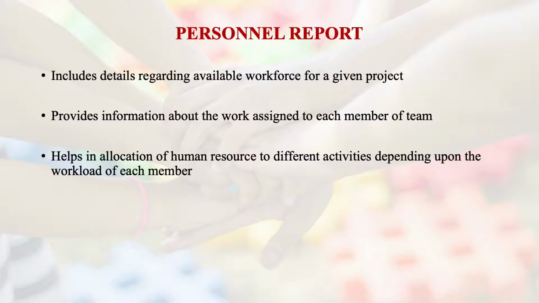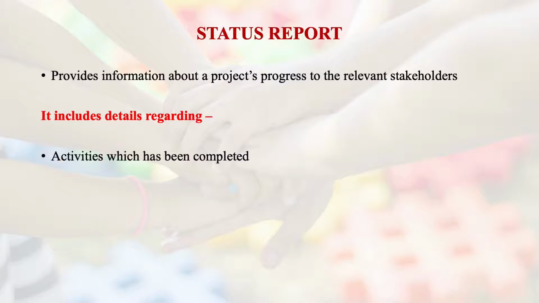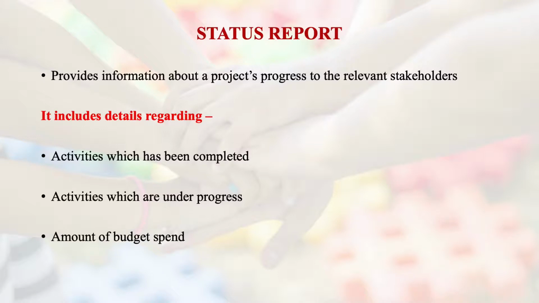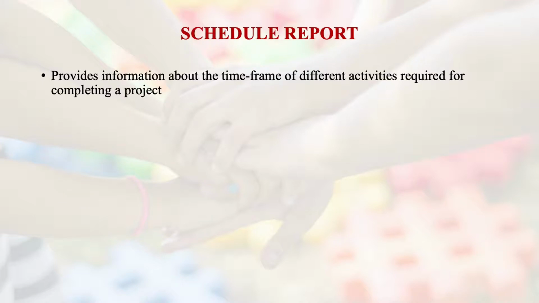Status report. This provides information about a project's progress to the relevant stakeholders, and it includes details regarding activities which have been completed, activities which are under progress, the amount of budget spent, the problems that occurred, the changes that occurred, etc. When we talk about the schedule report, it provides information about the time frame of the different activities required for completing a particular project.